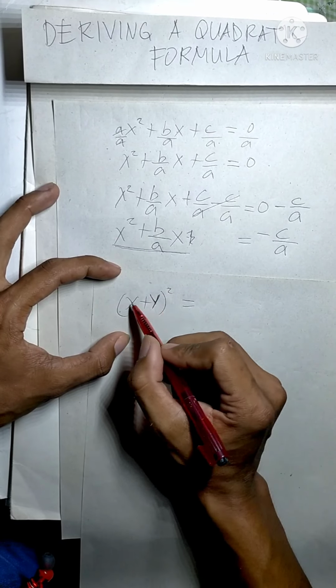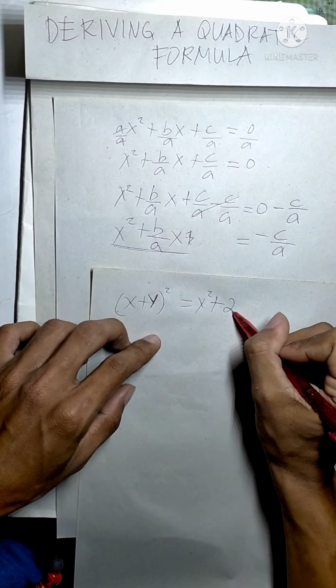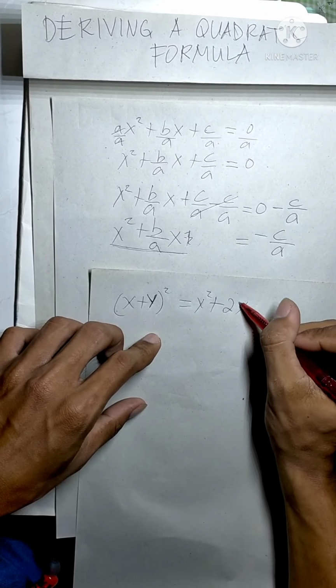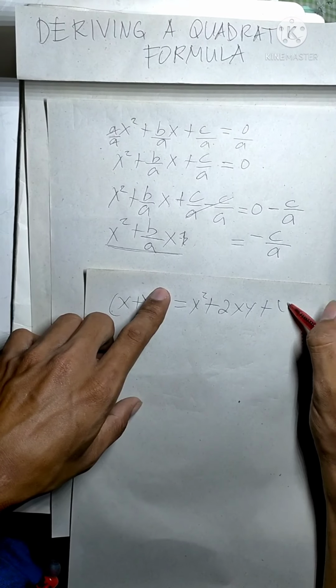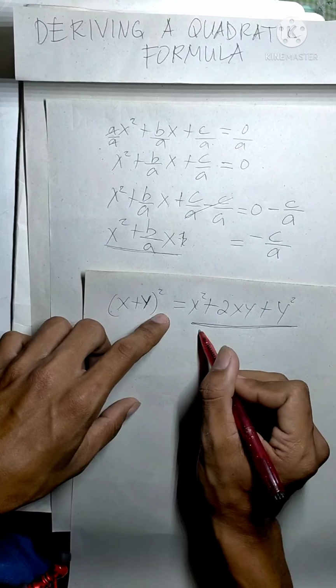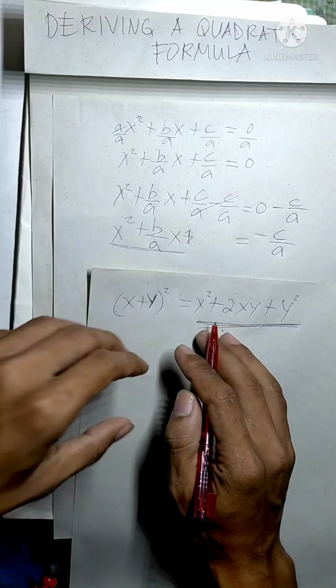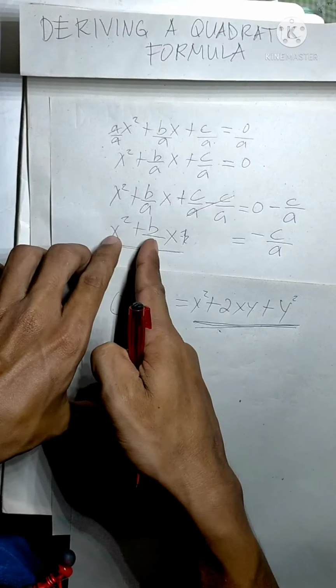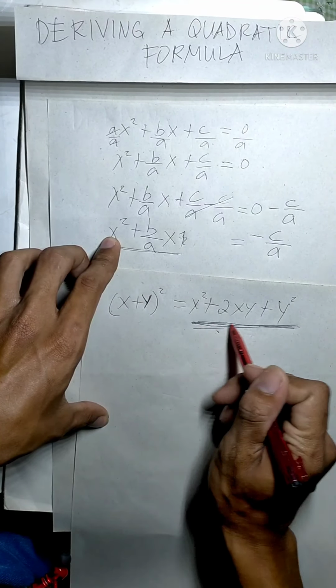So x squared plus 2 times xy plus y squared. This is an example of a perfect square trinomial. So our goal is to make this expression like this expression.